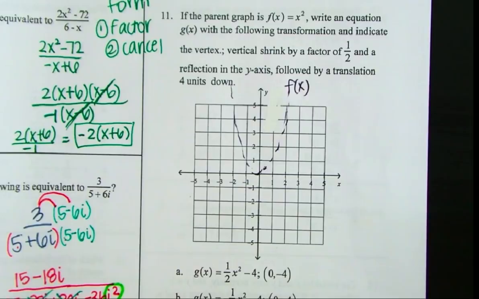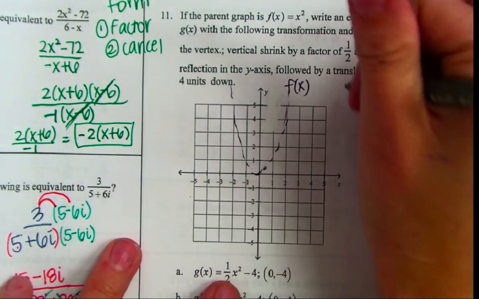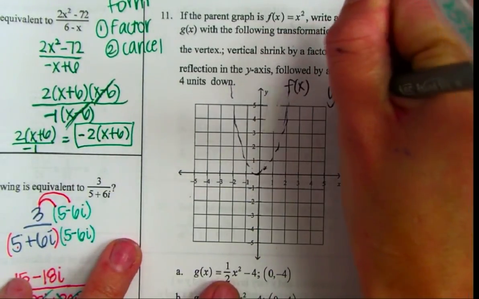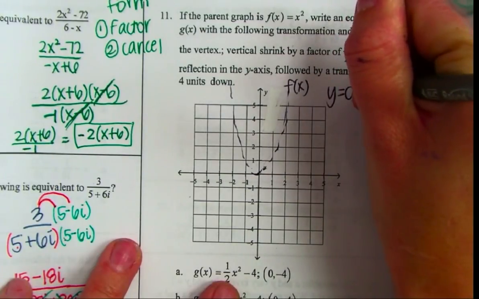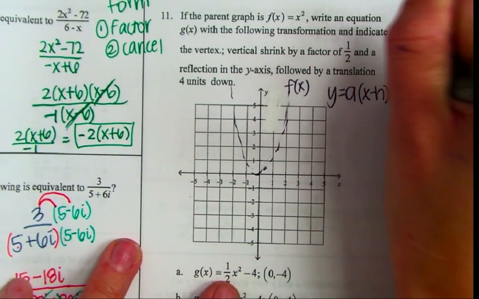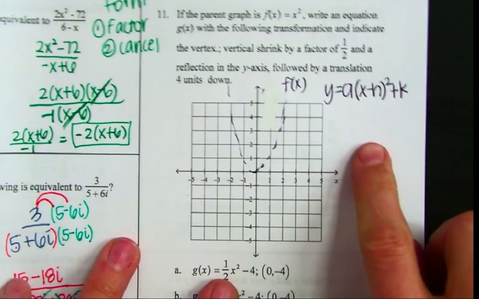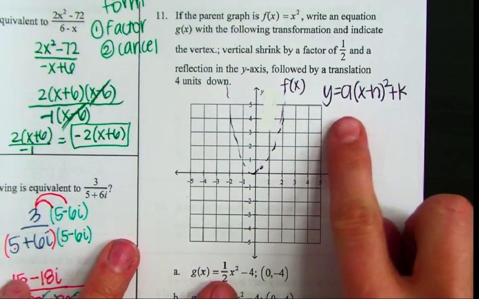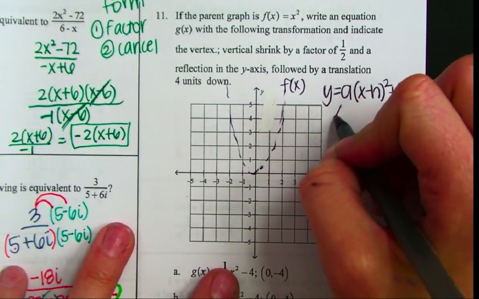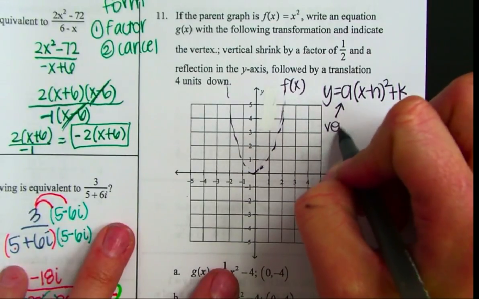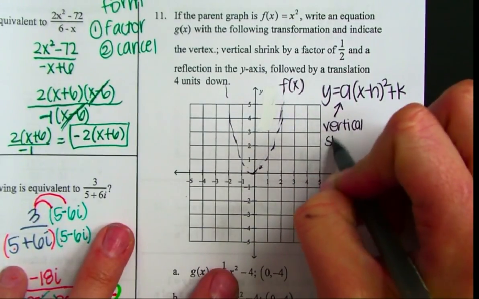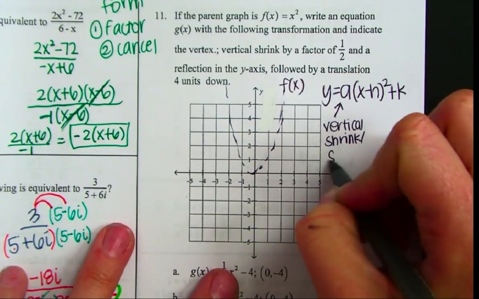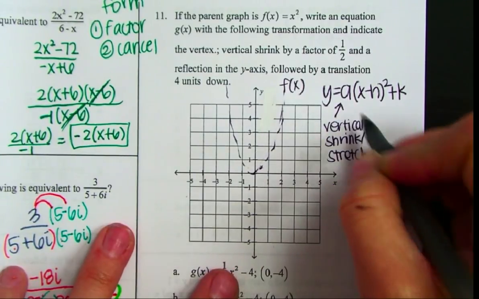So I'm going to rewrite for you guys the formula for our quadratic. So this would be the form of our quadratic equations where the number out in front is going to tell you whether it was a vertical shrink or vertical stretch, depending on if it's greater than 1 or less than 1.